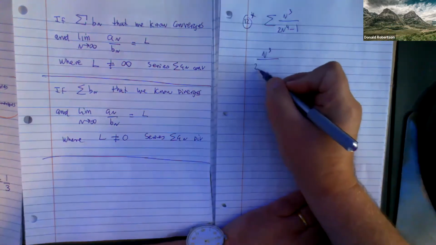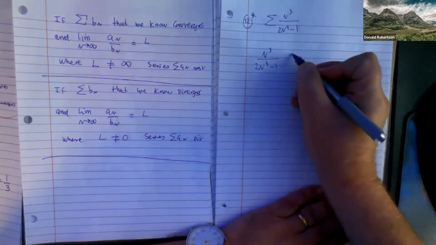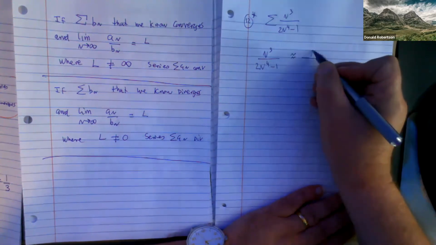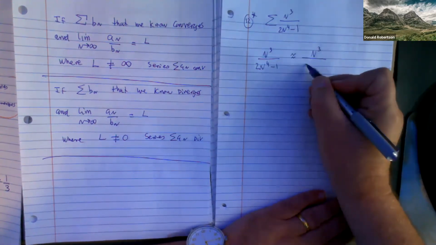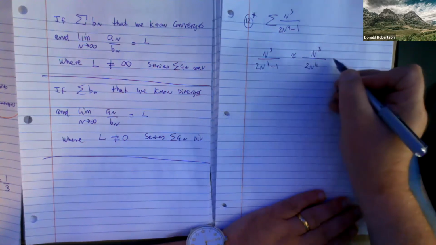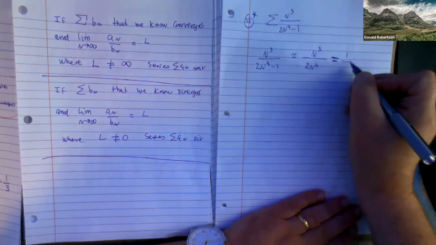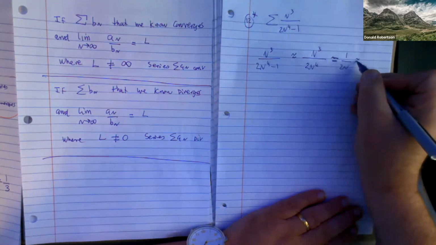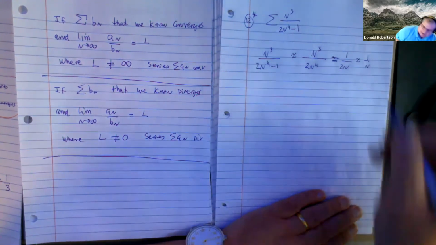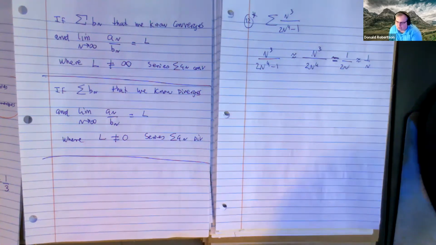So here is the original. The top is n cubed, and the bottom is 2n to the 4, which I can simplify as 1 over 2n, which I like to call 1 over n. I don't like multiples floating about. They just get in the way of the question.